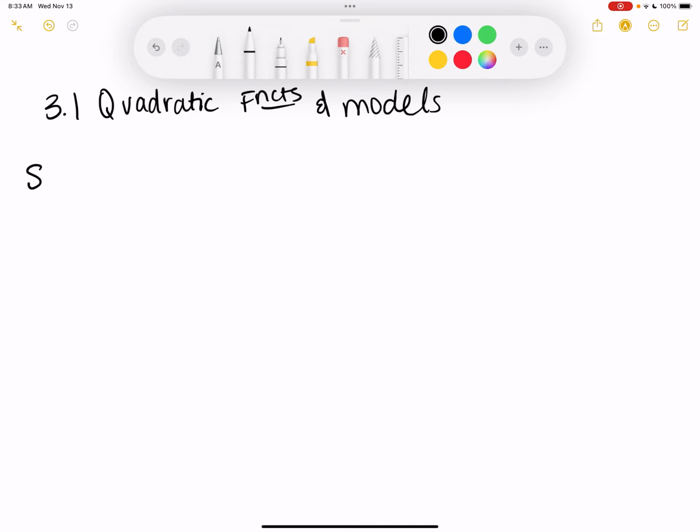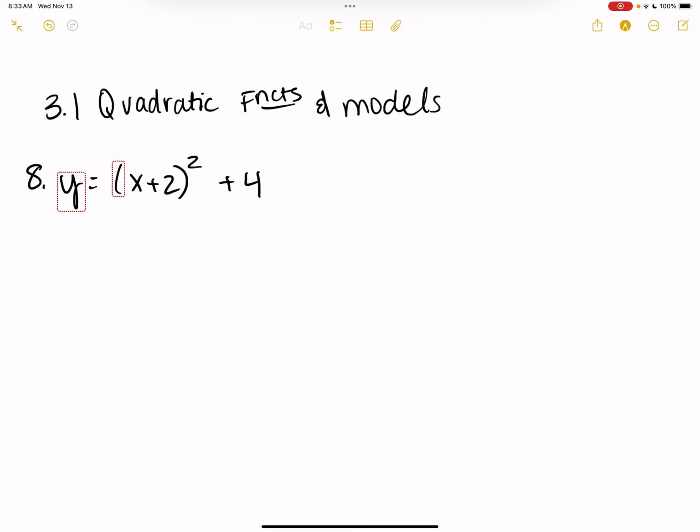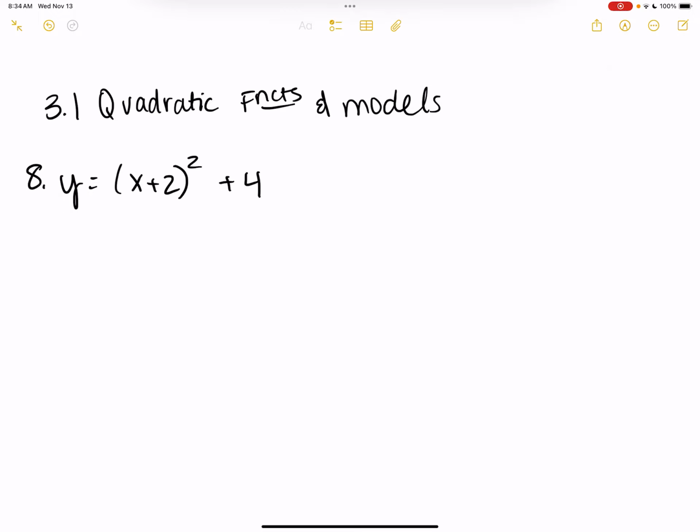So number 8, y equals, in parentheses, x plus 2 squared, and then plus 4. So they want us to find the vertex and tell which direction it opens.